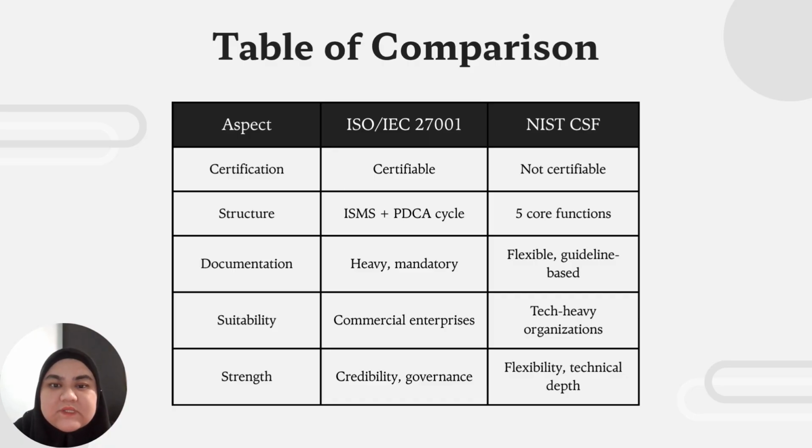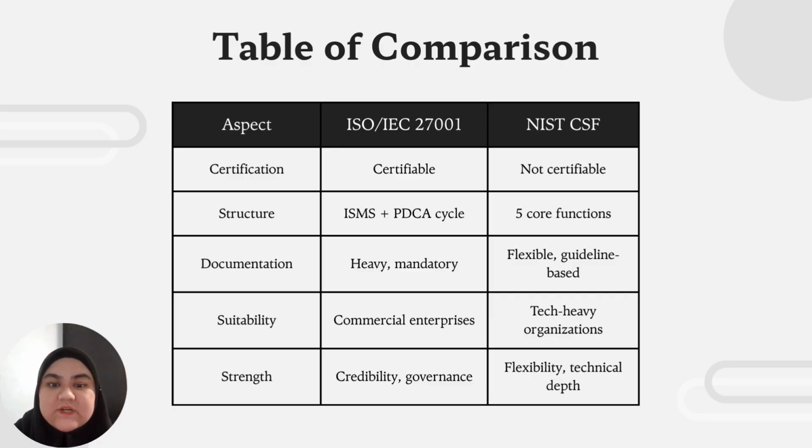This table shows a direct comparison between ISO and NIST. Starting with certification, ISO is certified through independent audits, which makes it valuable for organizations that want to prove credibility and compliance to stakeholders. NIST, on the other hand, is not certifiable. It's more of a voluntary guideline that companies can adopt flexibly.